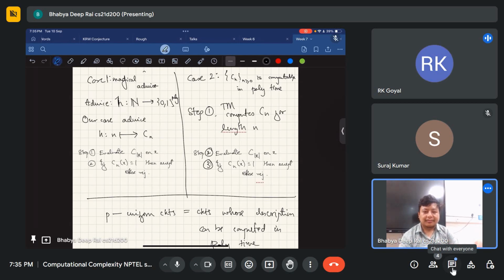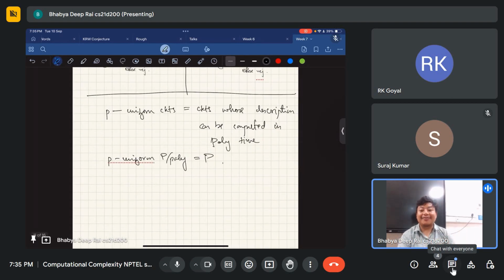So this is the uniform circuit. Later on, this point will come up, left and right uniformity. Don't be afraid. If I say something like log space uniform circuits, it means the circuit description for that particular length can be computed by a Turing machine which takes only log space.